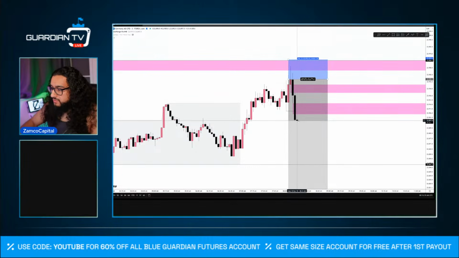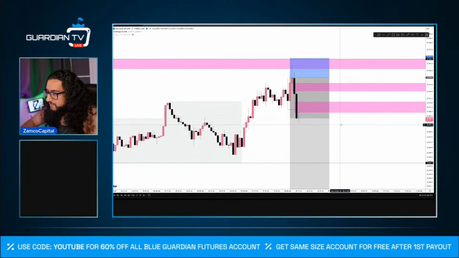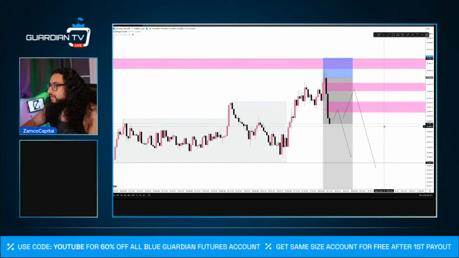So we can easily just push up, and this wick won't really be an inefficiency. That fair value gap hasn't been formed yet because the candle hasn't closed. But if we do close like this, then we can expect maybe the next candle to do that, or we could come up even higher. But I think my entry should be safe.